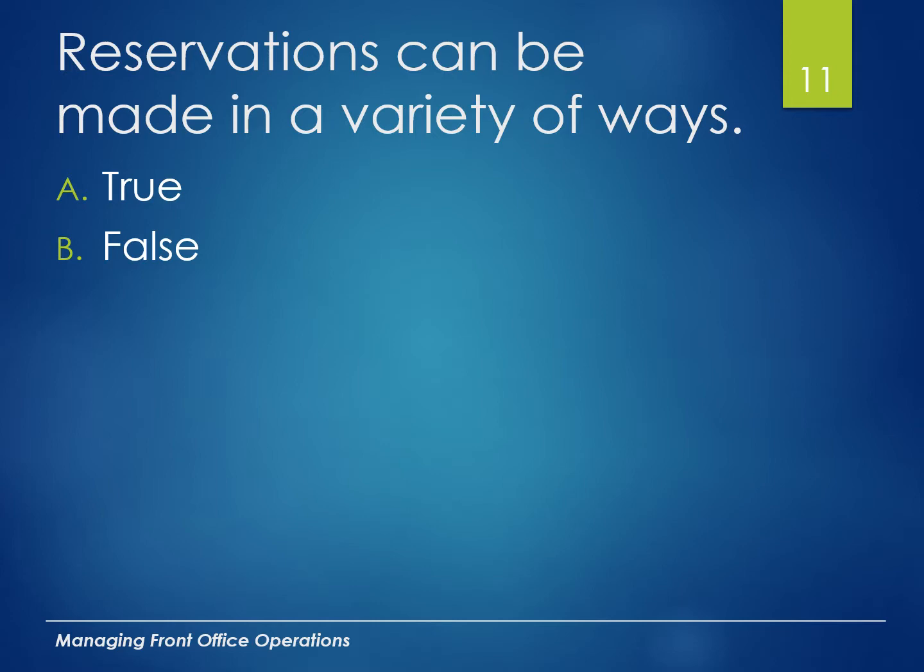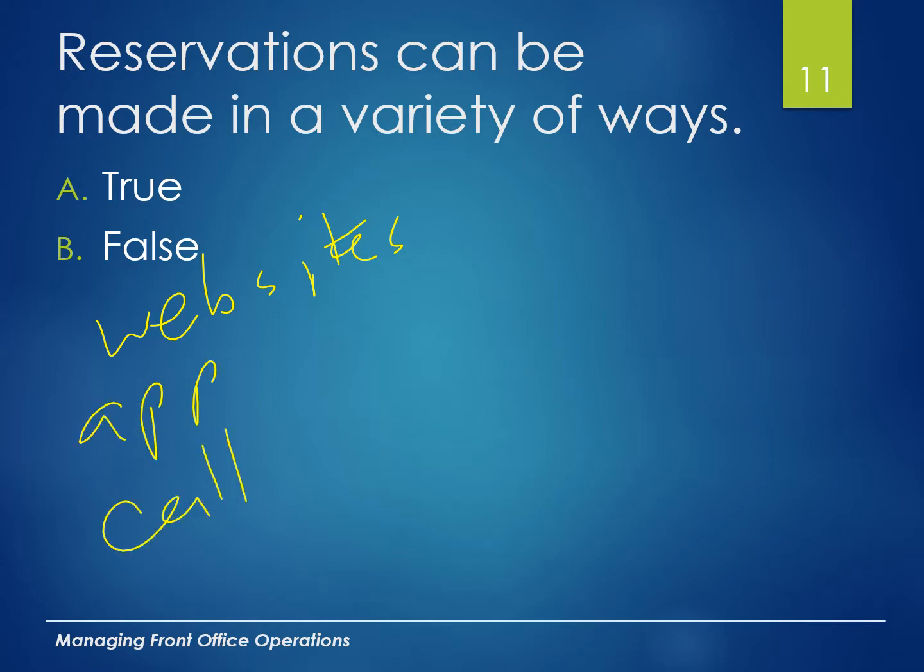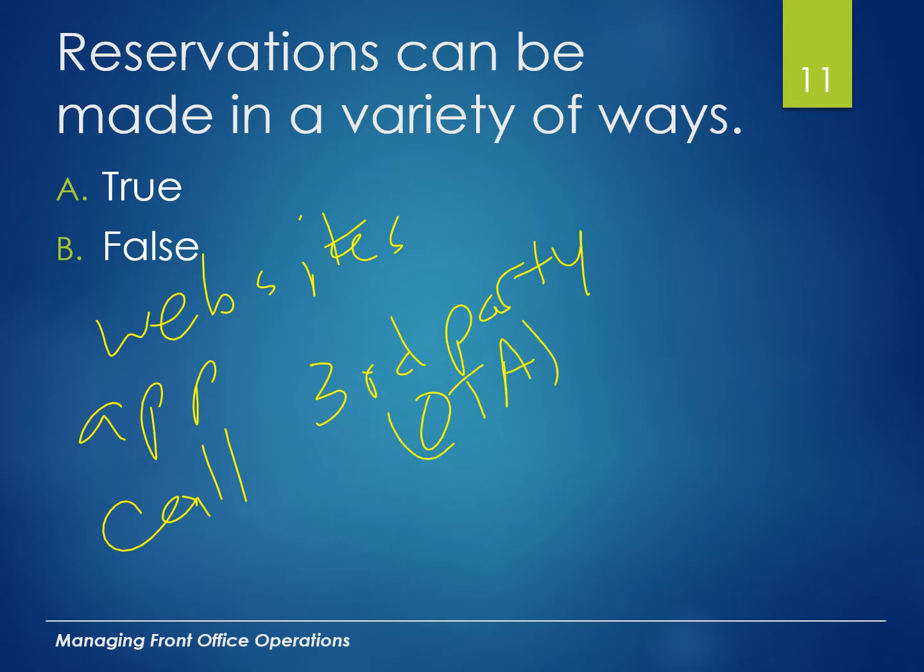All right, some ways that I'm thinking, obviously we can do websites. Now we can do applications. We can call directly. We also have what's called our third party, our online travel agents, OTAs. We can actually use an actual travel agent. Sorry, my handwriting is not so great.